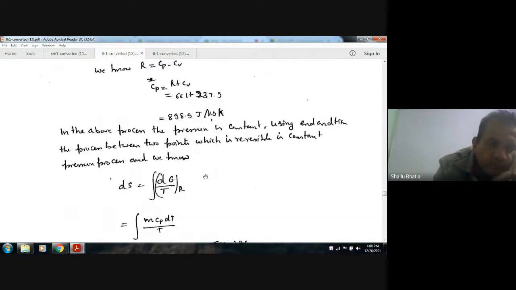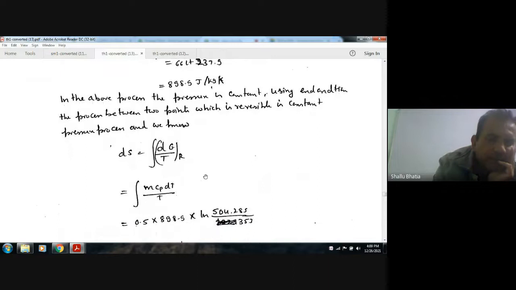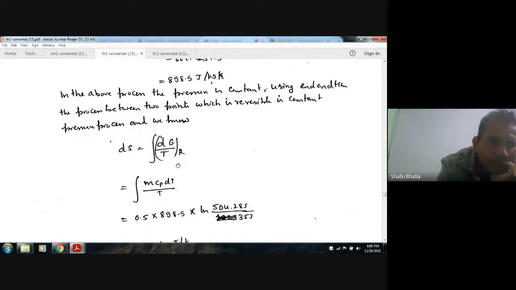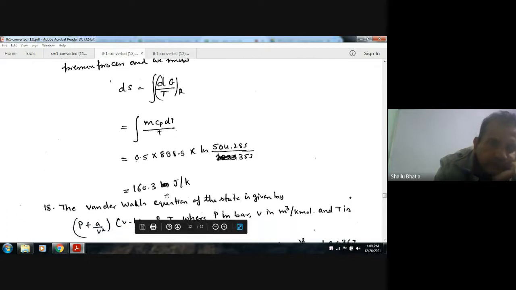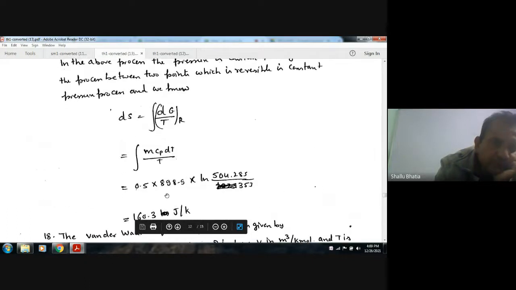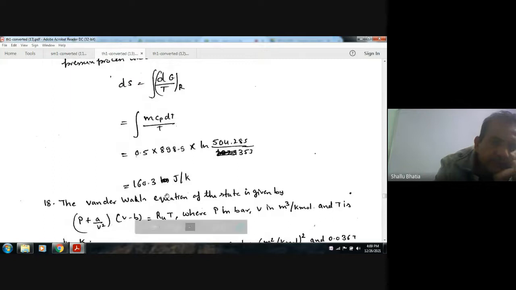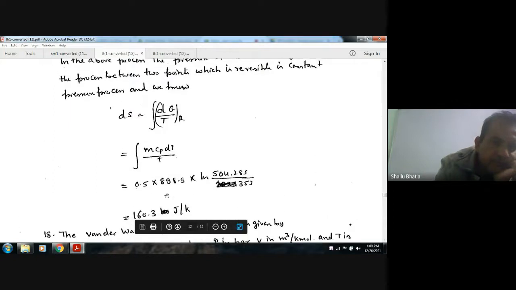In a constant pressure process, the heat supplied is m Cp dT. You can write the entropy change as m Cp dT by T. So the entropy change is 160.3 joule per Kelvin.